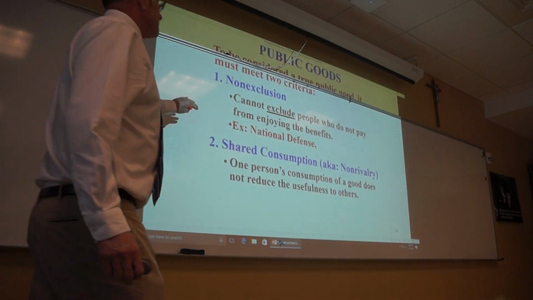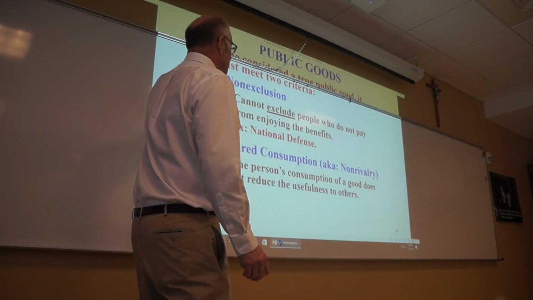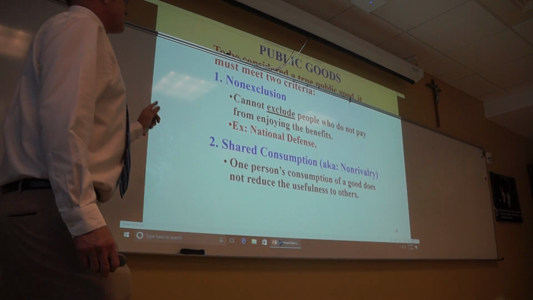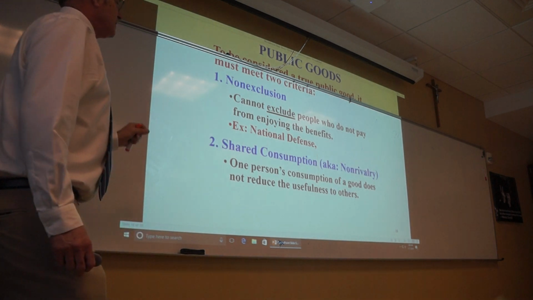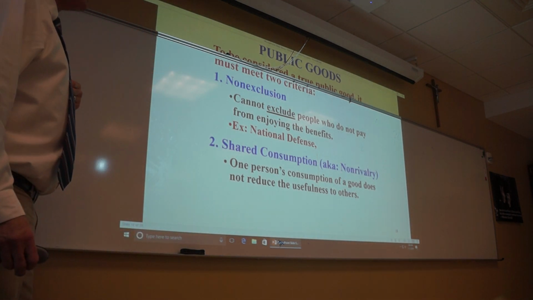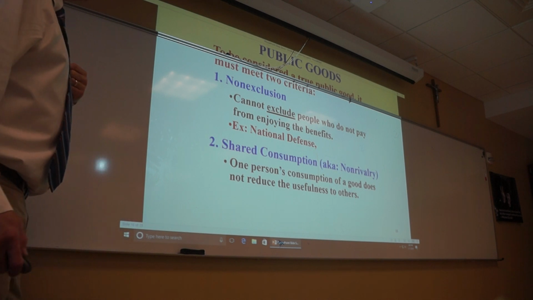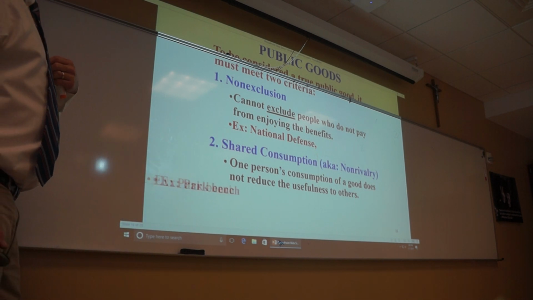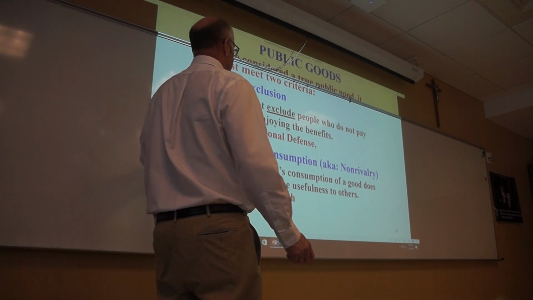I put national defense, because if you pay your taxes or you don't, the Army still protects you. You also have to have shared consumption, non-rival, meaning your use of it doesn't affect my use of it. Your use of national defense doesn't hurt me. Your use of the roads doesn't hurt me. That makes a public good.